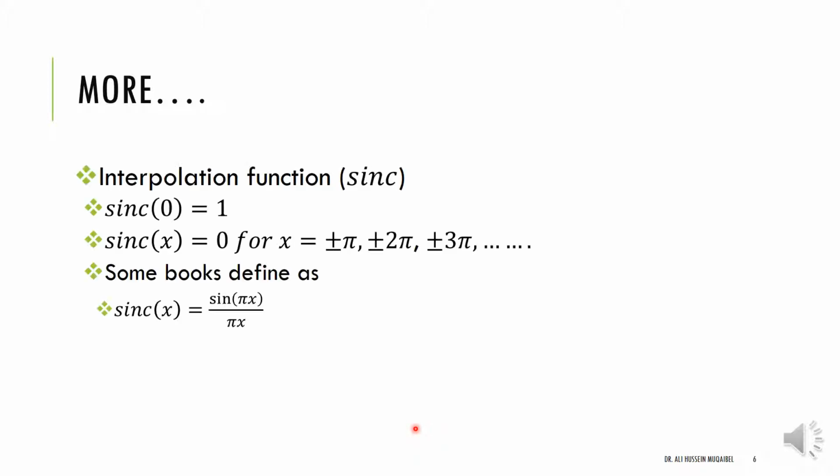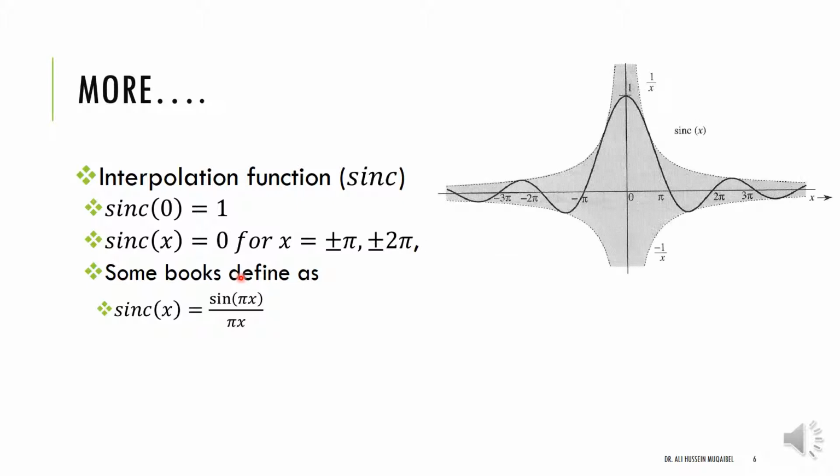Quickly, if you don't recall, a sinc function is also called the interpolation function, and it's sine x over x. If you draw the envelope of 1 over x and its mirror image, minus 1 over x, then you fill inside with the oscillation.